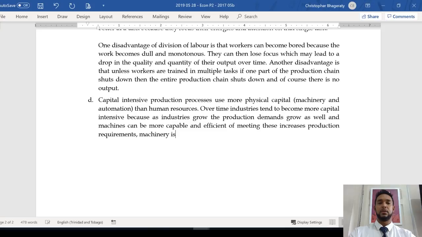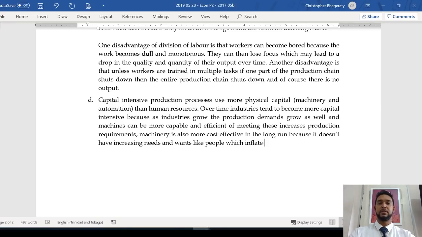Machinery is also more cost effective in the long run because it doesn't have increasing needs and wants like people, which inflate the wage cost of the entity.